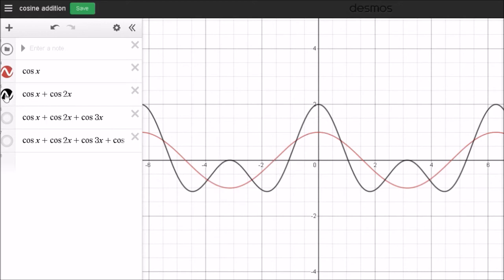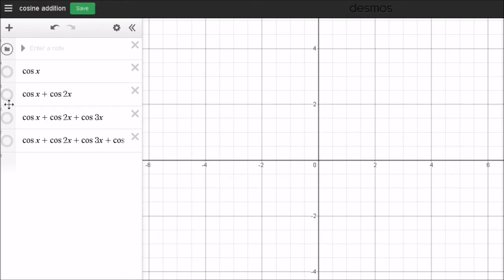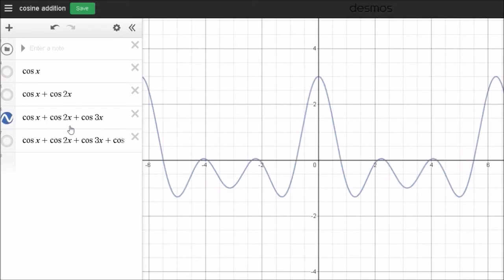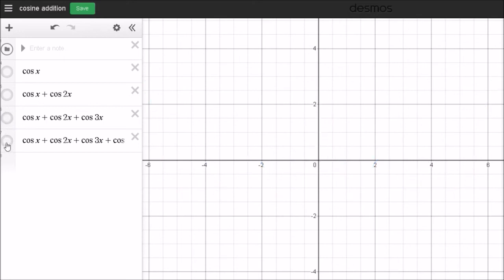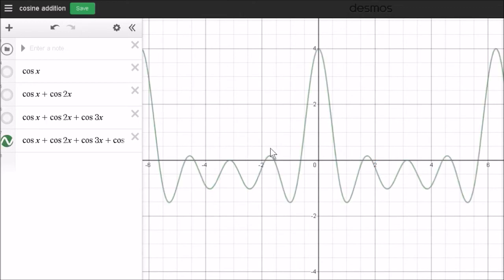If that went up to cos x plus cos 2x plus cos 3x, you can see the signal is being concentrated in the one area. If I went to the final one here, we'd have cos x plus cos 2x plus cos 3x plus cos 4x, and you can see we're starting to get a single point here and a point over here as well.